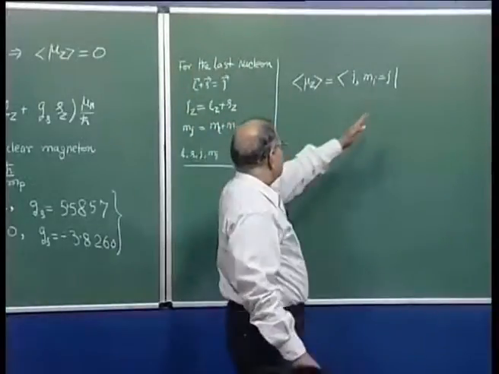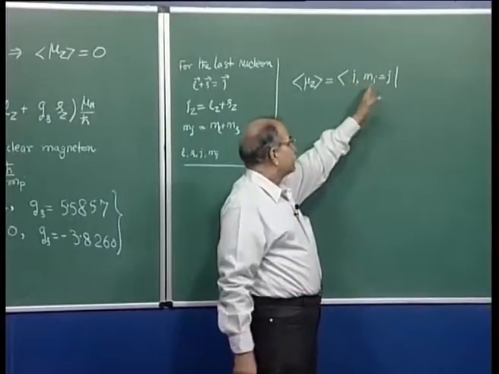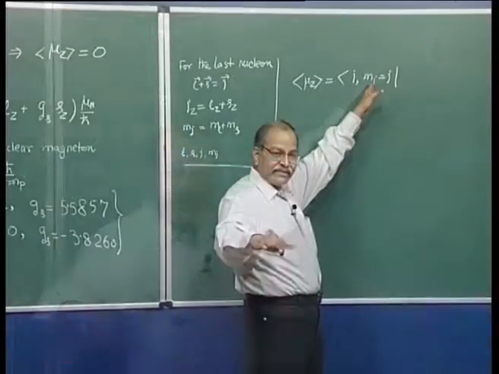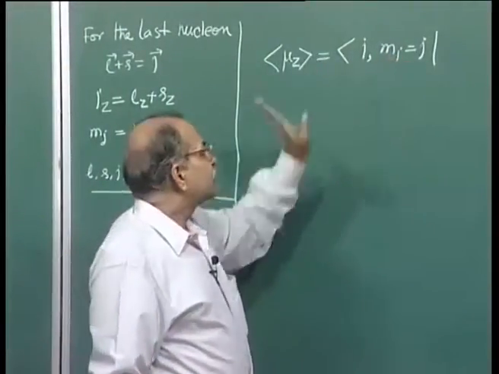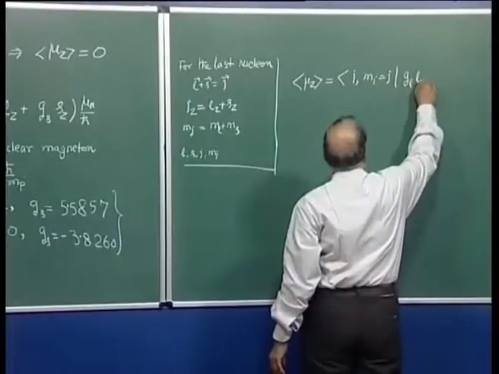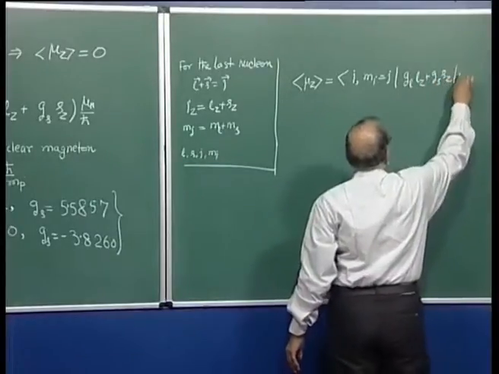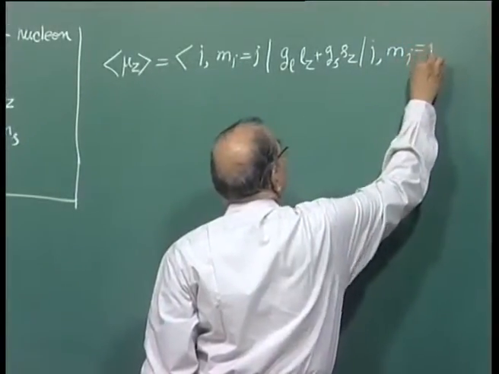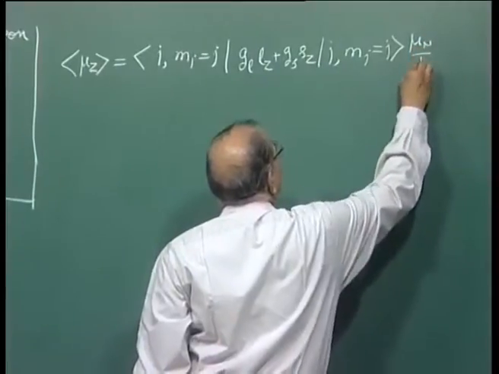So, Mj is equal to J. J is anyway given for that state, and all varieties of Mj are possible with the same energy; they are all degenerate. We have to pick up this Mj equal to J to calculate this expectation value, and then you have g l l z plus g s s z, times mu n over h cross. This is the quantity we have to calculate.